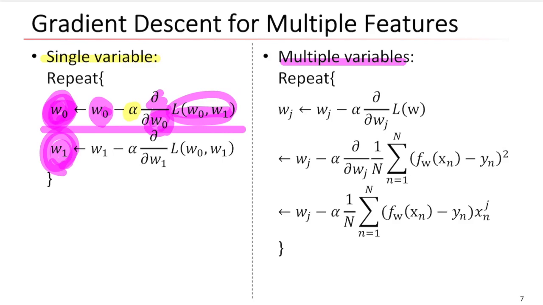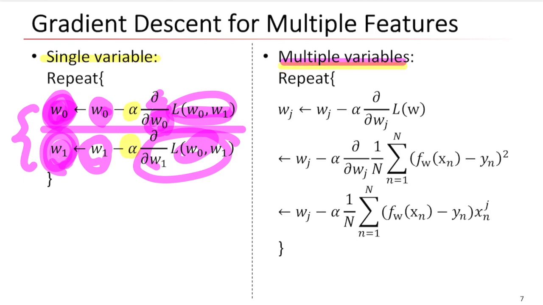From the previous w1, we subtract the learning rate times the gradient of the loss function. So this is one procedure of gradient descent for the single variable case. Now we have to find multiple parameter variables.